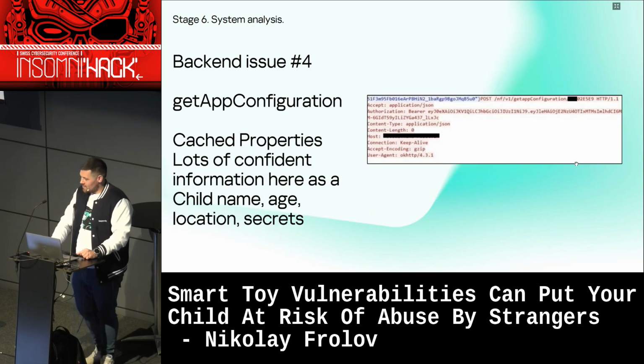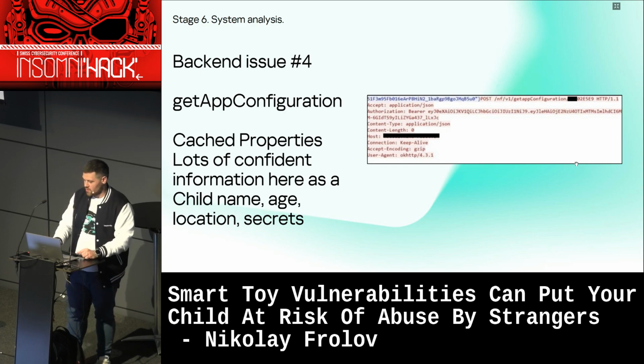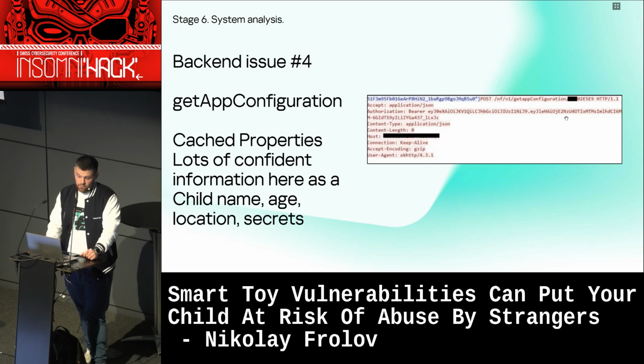Next security issue that we found is connected with get application configuration. First of all, they didn't check the access token again, so everybody could ask for information about your robot, using just the serial number of the robot. That's the properties that I showed you in the previous slides.